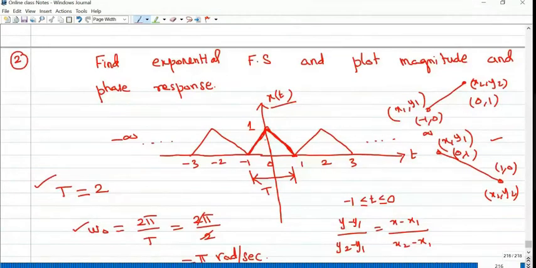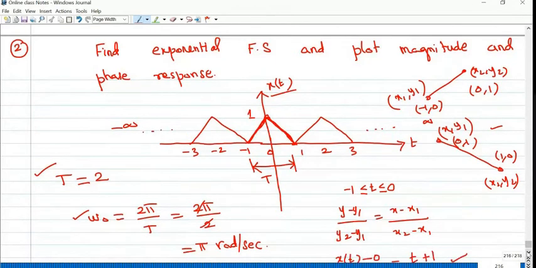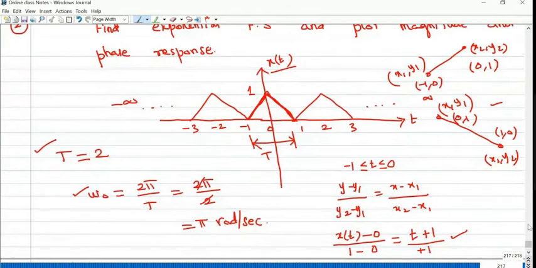Look at the shape of the signal. Here it is an increasing slope, so between these 2 points, use the mathematical equation for a straight line. And this is another slope, so consider this particular slope as a different category between 0 to 1.